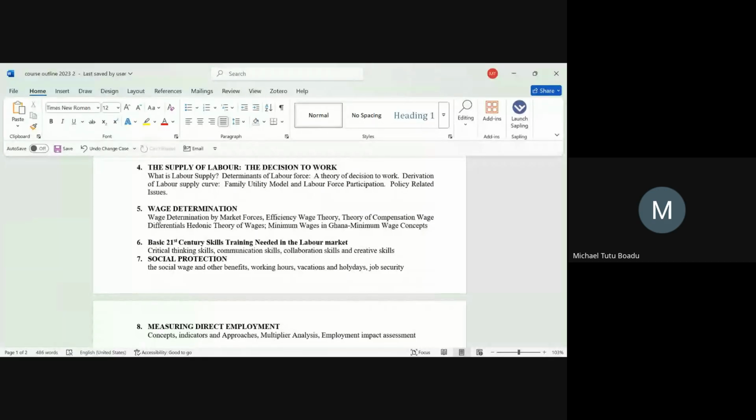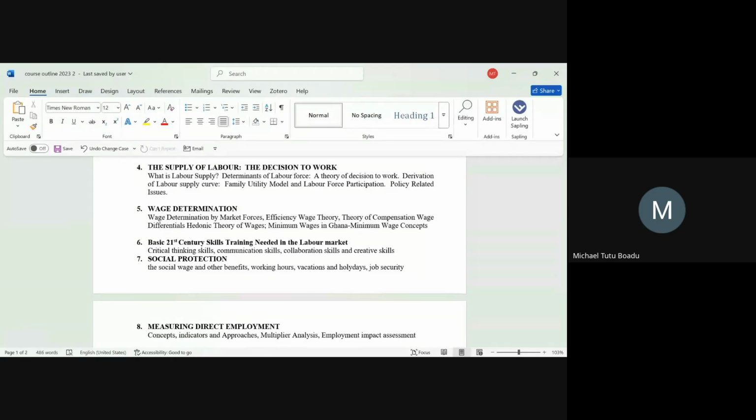And when they are deciding to participate, they also decide the number of hours that they should supply to the work, and also decide how much they should take, or what will be their reservation wage.